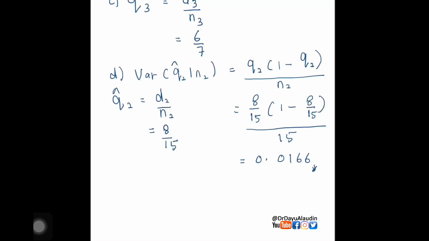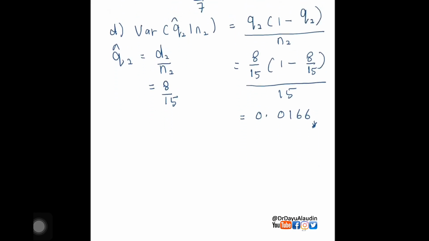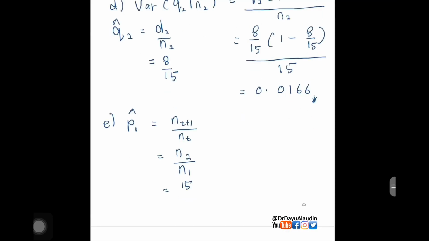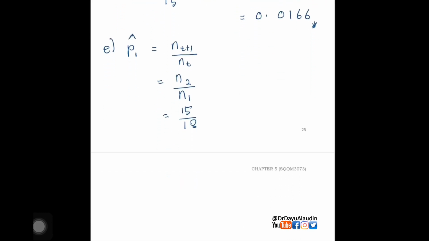Okay, E. For E, let's say we find the probability of survivors. The estimator for probability of survivors at t equal to 1. So n(t+1) over nt. So n1 plus 1 is n2 over n1, 15 over 18. So this is the estimator for probability of survivors.